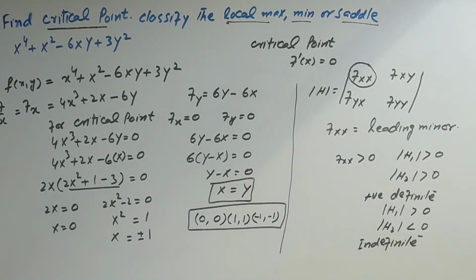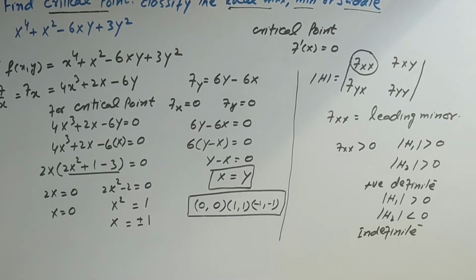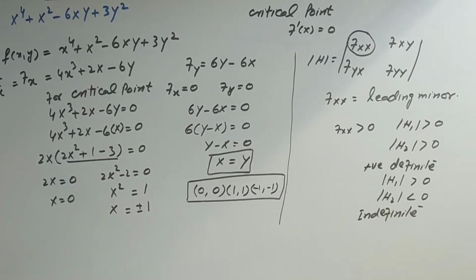Second condition. And in the third case, if h1 is negative and h2 is positive, then it is negative definite. So these are the conditions we have to look at.